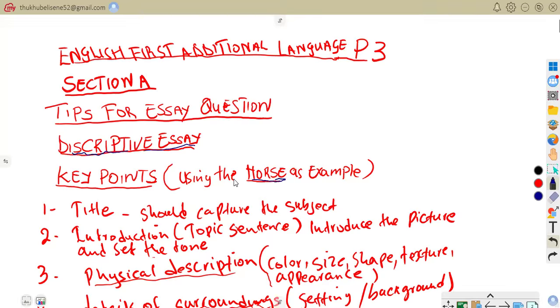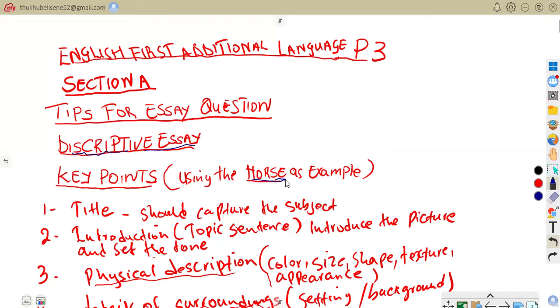Descriptive essays engage the senses; they appeal to readers' senses of sound, touch, sight, taste, and smell. It also creates atmosphere, whereby it evokes emotions and atmosphere through descriptive details. That's what a descriptive essay is all about.